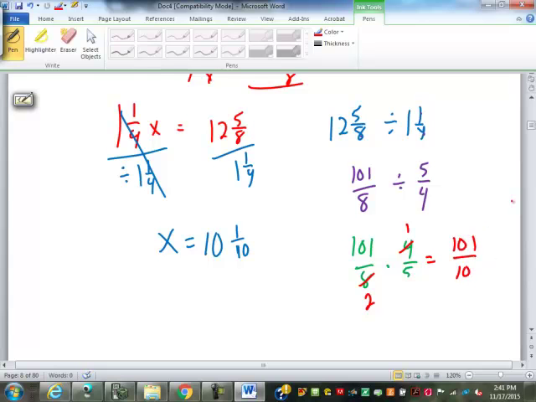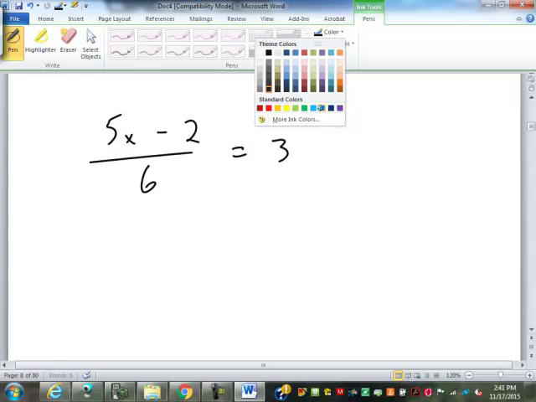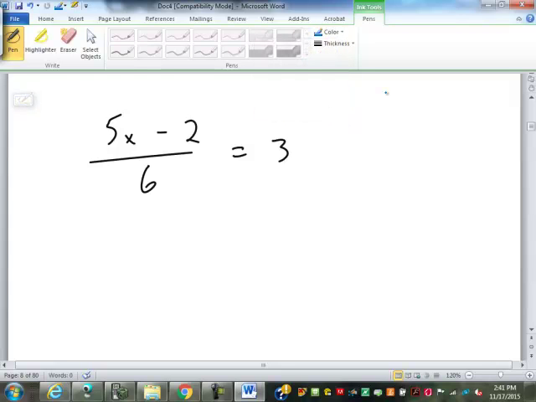So it's 10 and 1/10. 101 divided by 10 is 10 and 1/10.